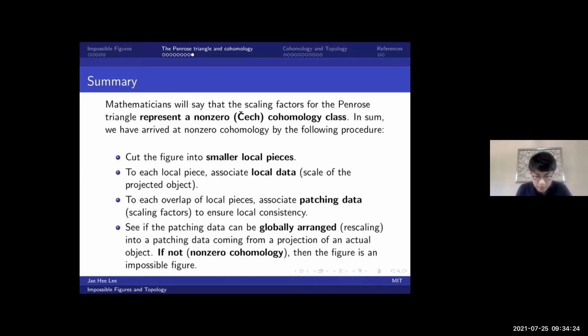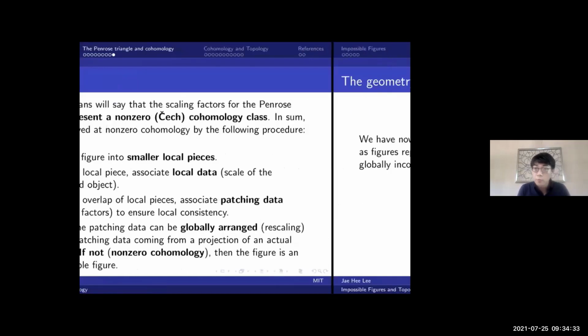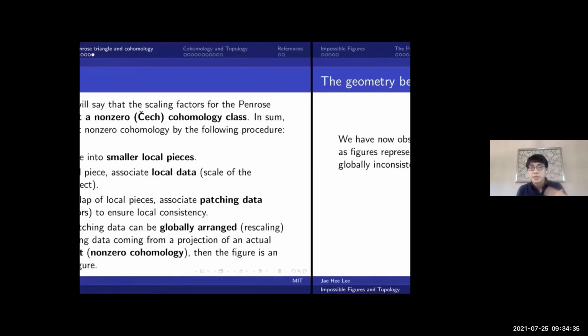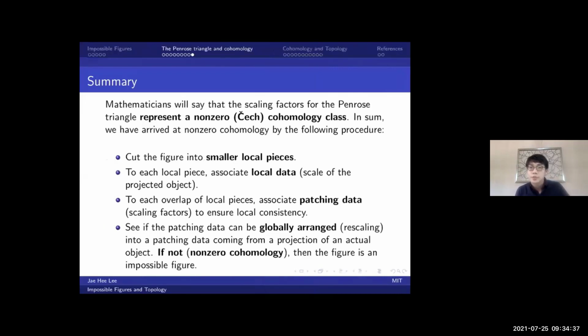Okay, so that was the first part of my talk. In the remaining time, I would like to introduce how this study connects to the study of geometry and topology, which are branches of mathematics where we study things like shapes and spaces.